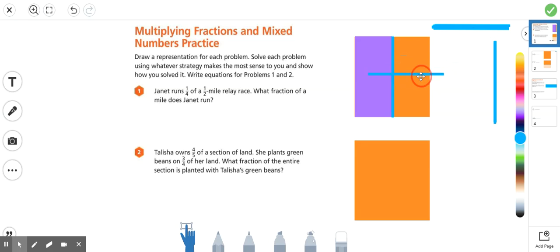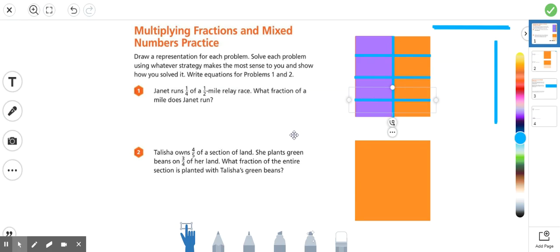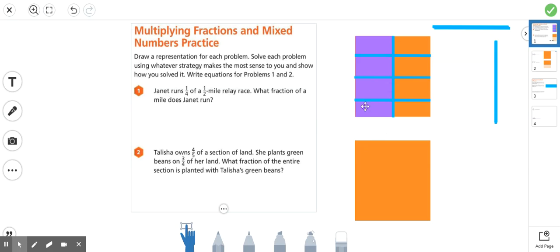So I'm going to take this, and remember I've told you in a couple other videos, I like to cut fourths in half, and then cut those halves in half to represent a fourth. So if you think about this, one person would run this piece, one person would run this piece, one person this piece, one person this piece.